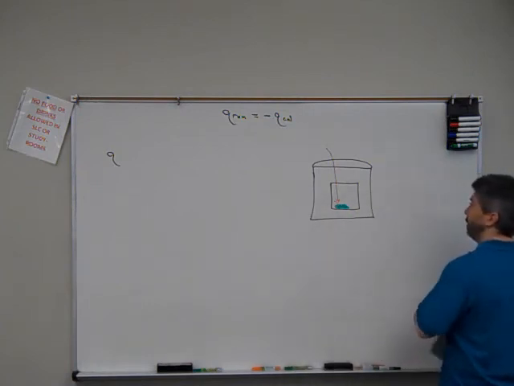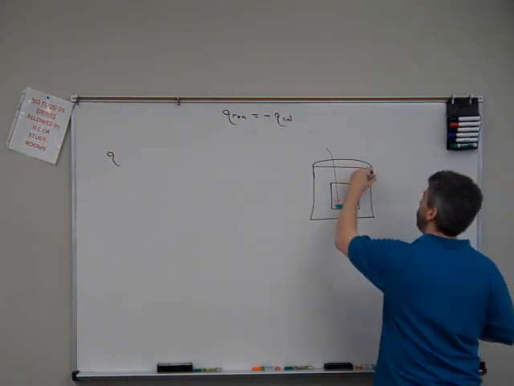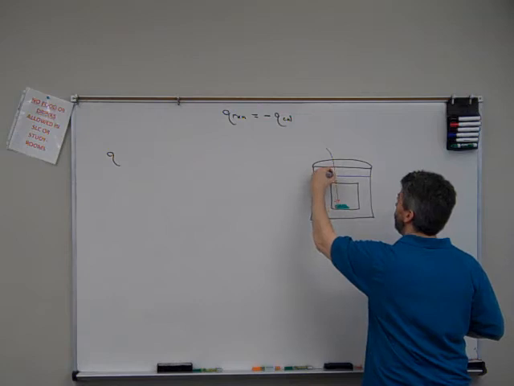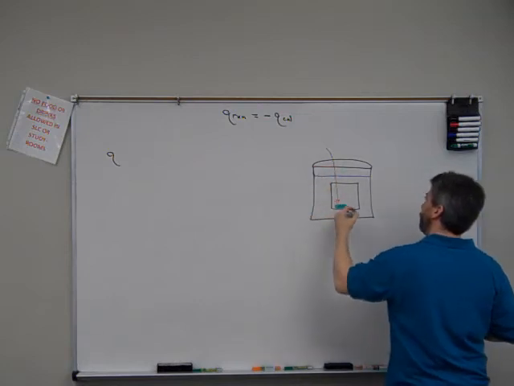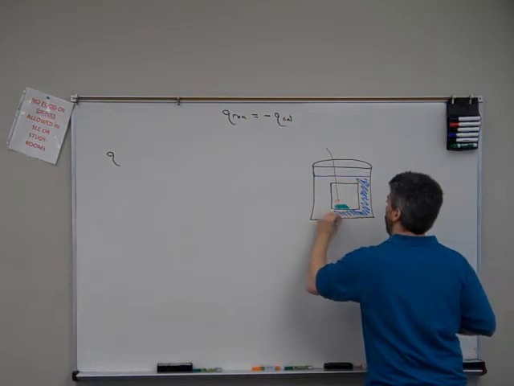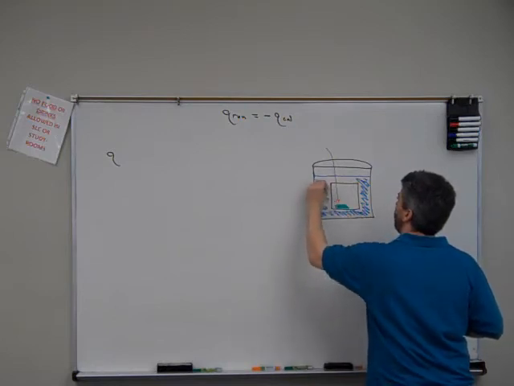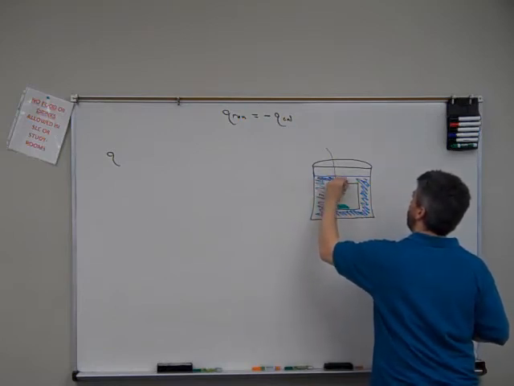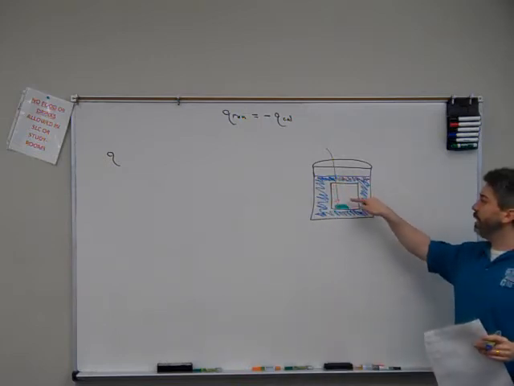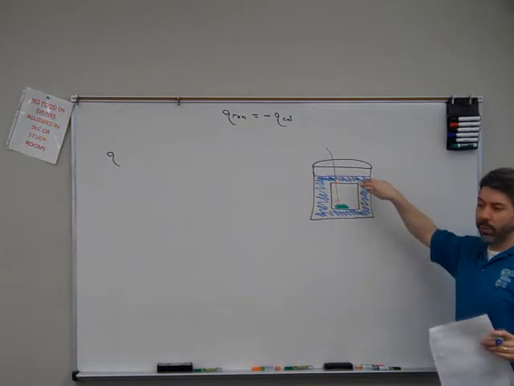In addition, there's usually some sort of fluid sealed inside the calorimeter, like maybe water, so that when this sample is ignited, all of the heat that's released in here gets absorbed by the liquid.